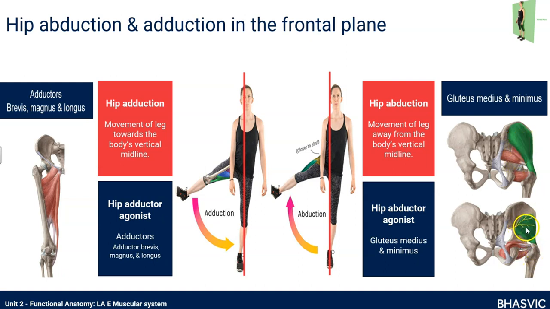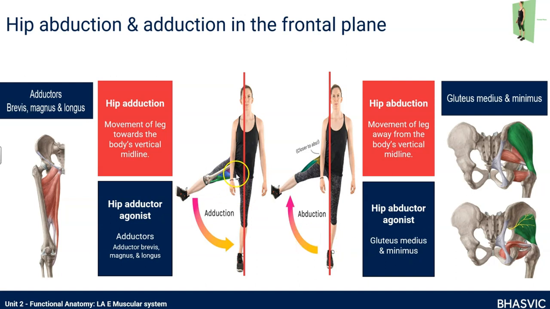The smallest one is minimus, the medium size one is medius. Now gluteus maximus is more posterior, more on the back of your pelvis. Gluteus medius and minimus are a little bit more to your side. So they pull the femur sideways.